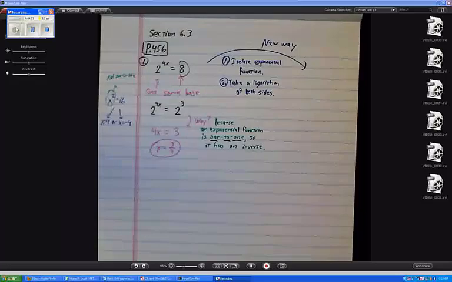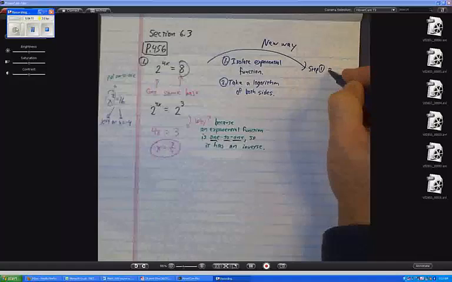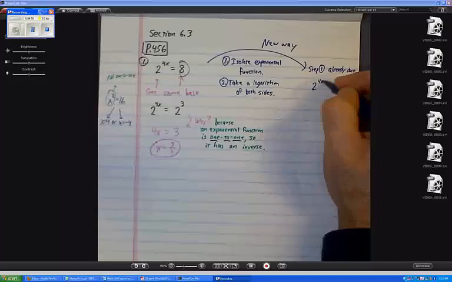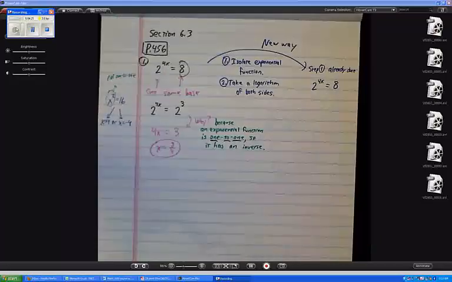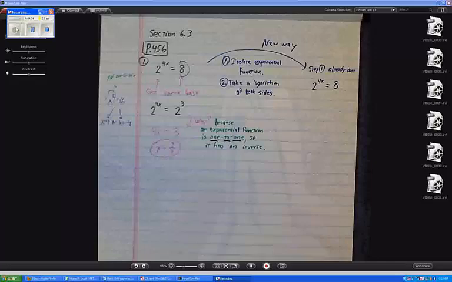All right, well, problem 1 is kind of stupid because step 1 is already done. We have an exponential function on the left-hand side, 2 to the 4x, and on the right-hand side, we have something else, 2 to the 4x equals 8. Okay? So what I'm going to do here is I'm going to say we take a logarithm of both sides, okay?